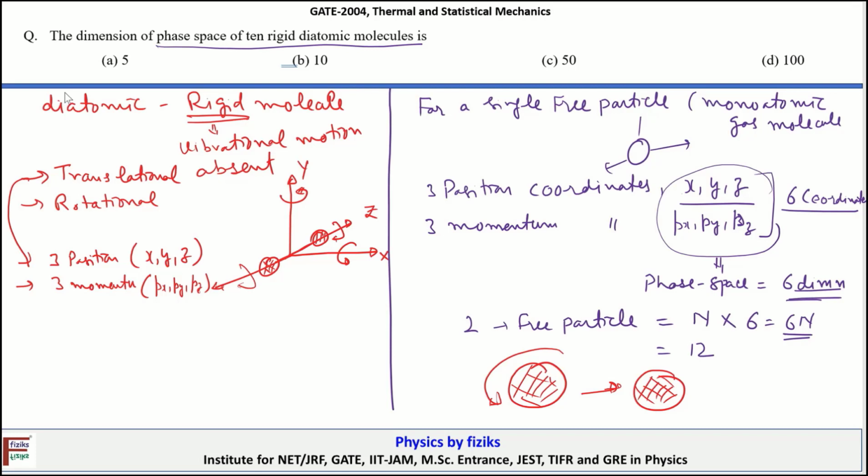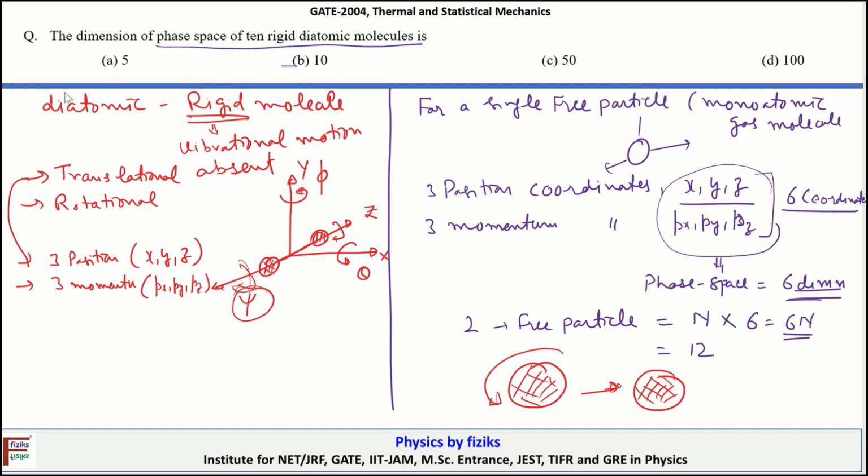So we only consider rotation along the x and y directions. We associate an angle theta for rotation along the x direction and phi along the y direction. For a non-linear molecule you could assign another parameter psi for rotation along the z-axis, but for a diatomic linear molecule we will not talk about psi.